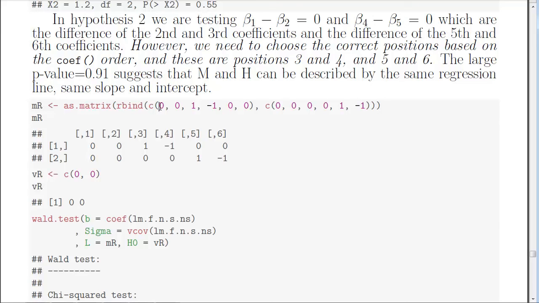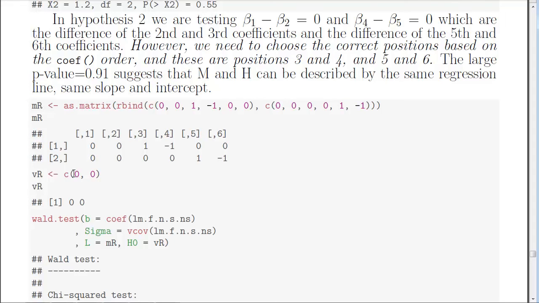So here's the order, right? Beta 0, beta 3, the slope parameter for the low group. Then we have beta 1 and beta 2. So those values, positive 1 and minus 1, are right from here. Then for the slope parameters, we have positive 1 and minus 1 in front of beta 4 and beta 5. That's those values there. If we turn that into a matrix, we get those two rows in a matrix.